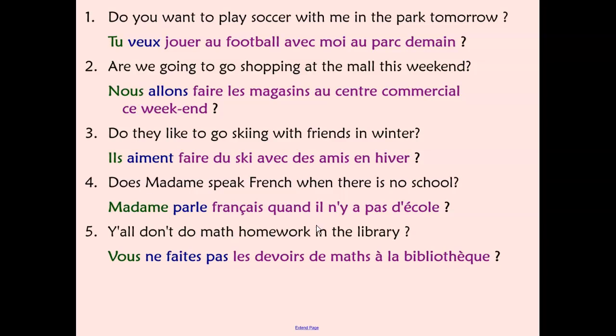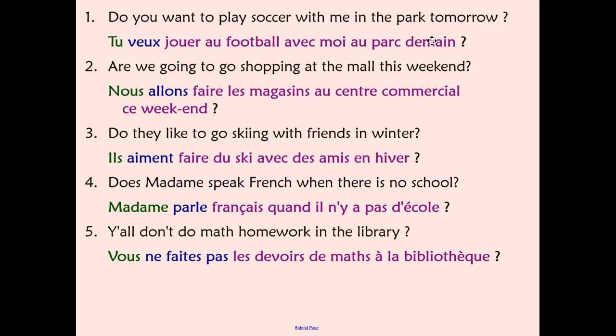So again, we can put together much more complex ideas. You're just going to start with the basic elements, subject, verb, whatever other information we need, and then we can just keep adding more and more.